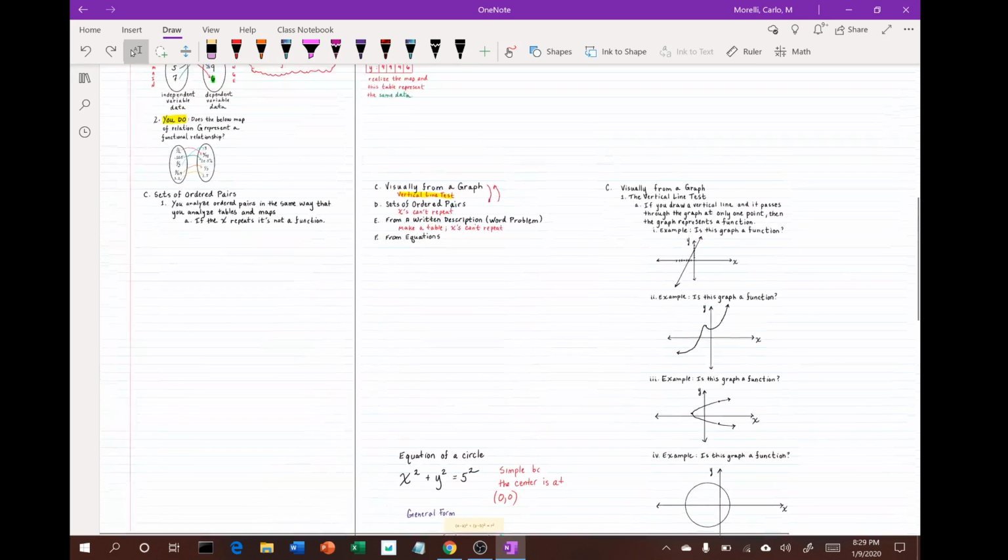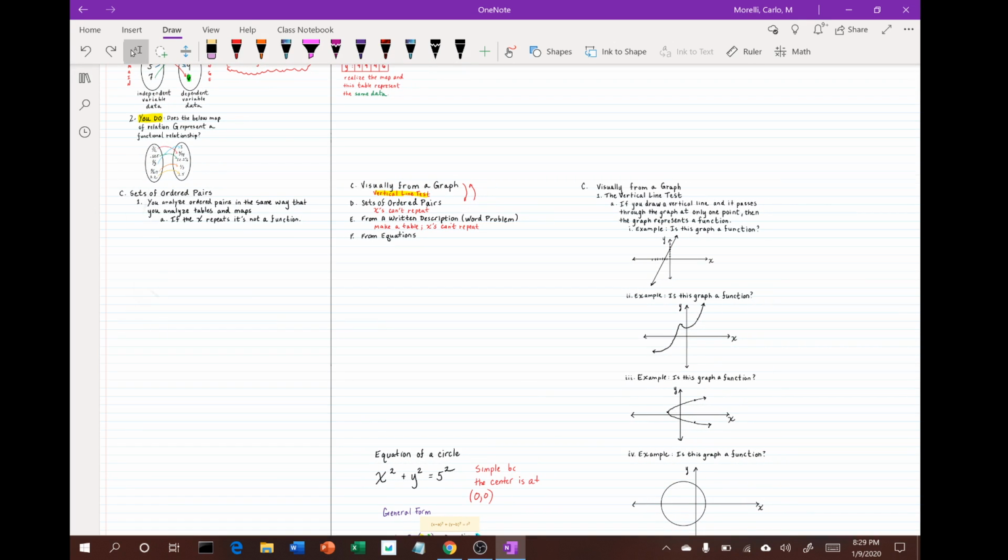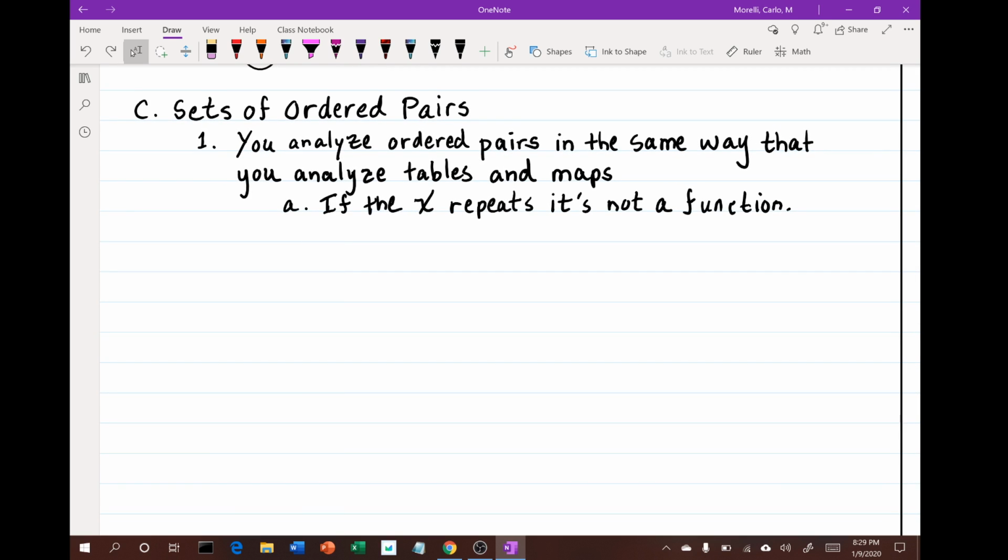Okay. Sets of ordered pairs. Okay, so now we need some examples of ordered pairs.